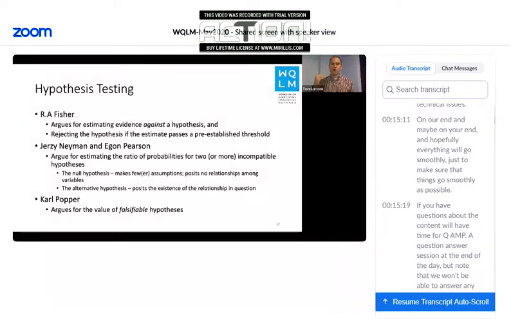Rather, we work through process of elimination. We can show through data that something is false, and that helps us to narrow something down to a narrower scope of possibilities. But we haven't yet found truth and fact. We're just narrowing down the scope.